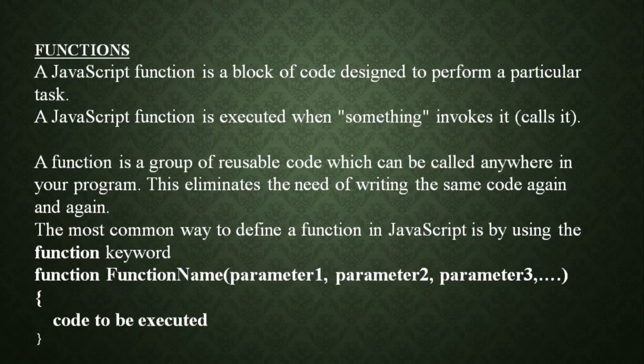For that we are using a function. A function is a block of code designed to perform a particular task. This function is executed when something invokes it, or else anything calls it. This eliminates the need of writing the same code again and again.